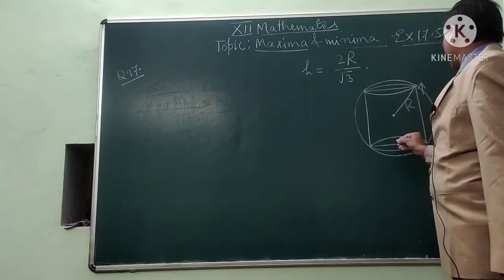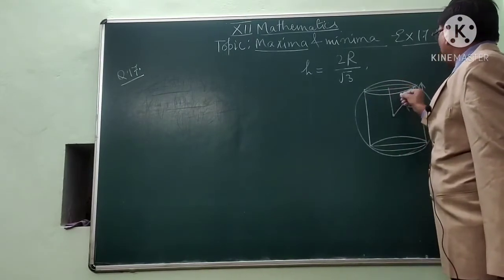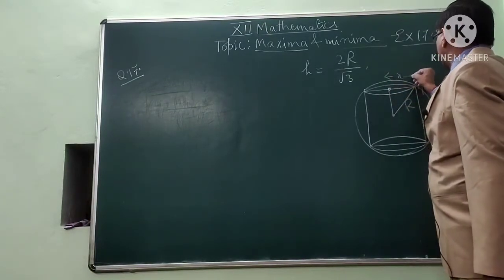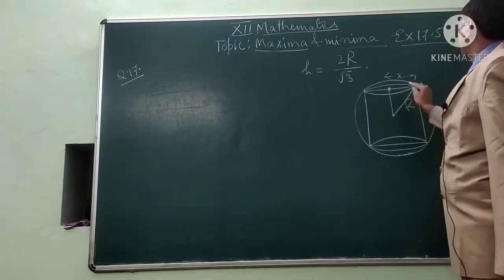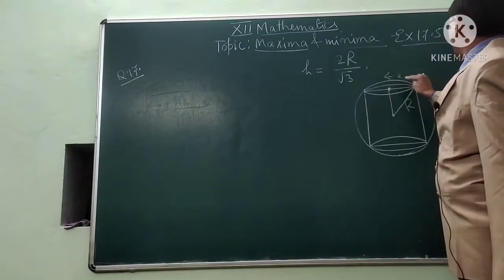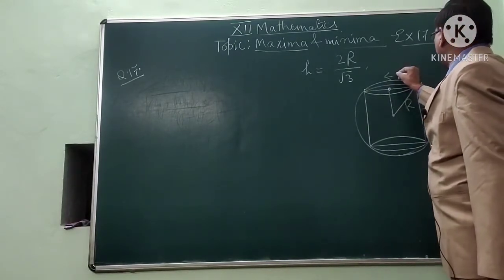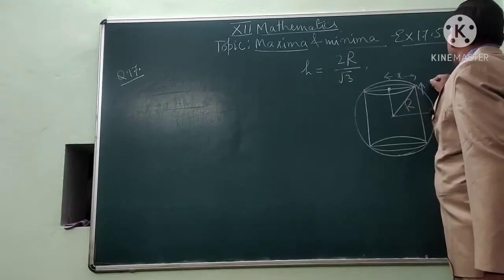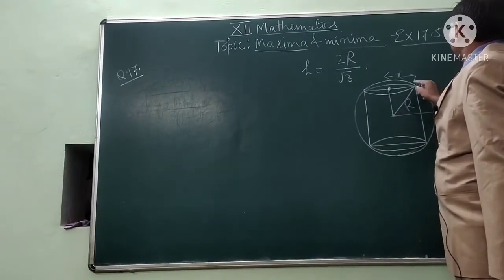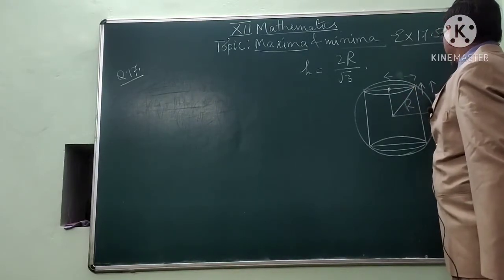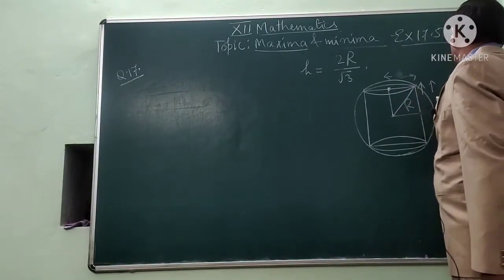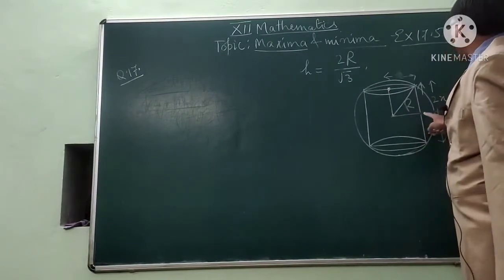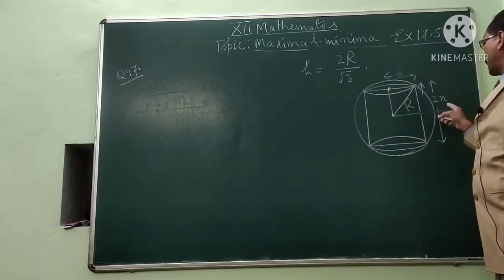So now let the radius of the cylinder be x, or let this part be 2x. Height of the cylinder is 2x.